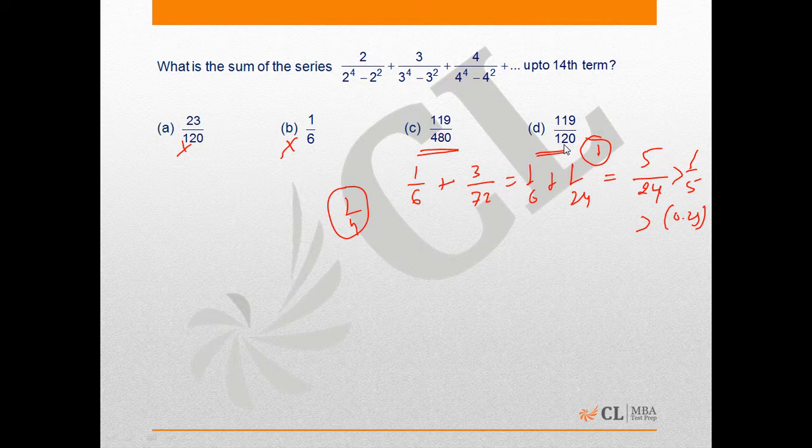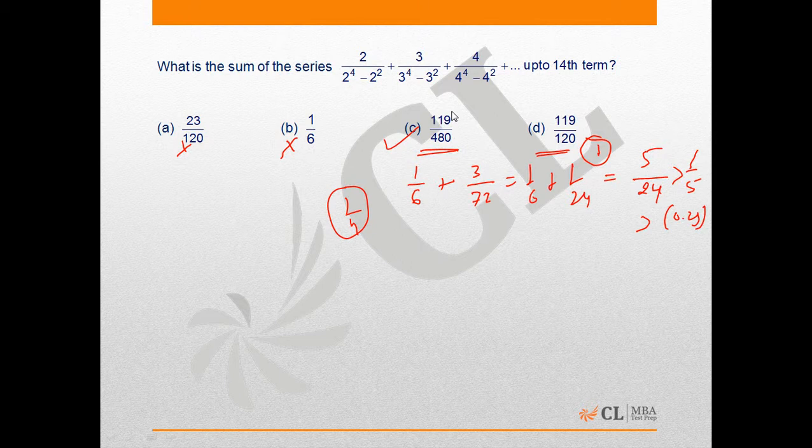Therefore our answer has to be option C, and here there is no doubt that option D could also be a possible answer, or it could be the answer, because its value is way above than the possible value of this sum of the series.